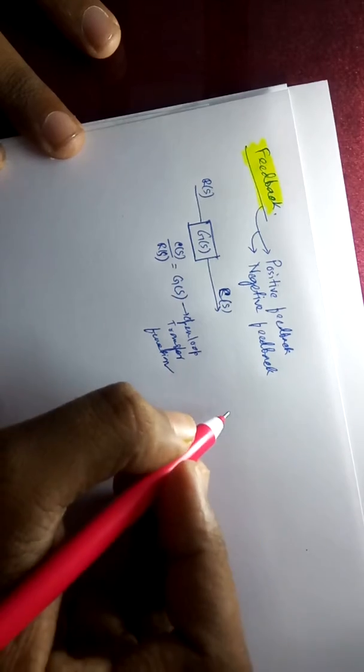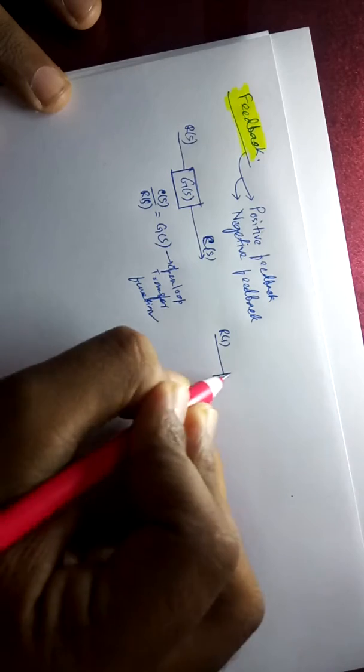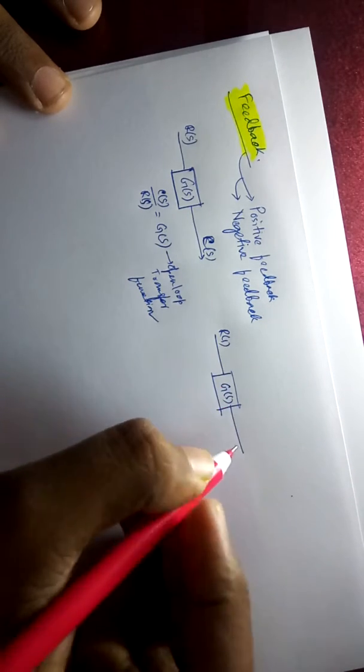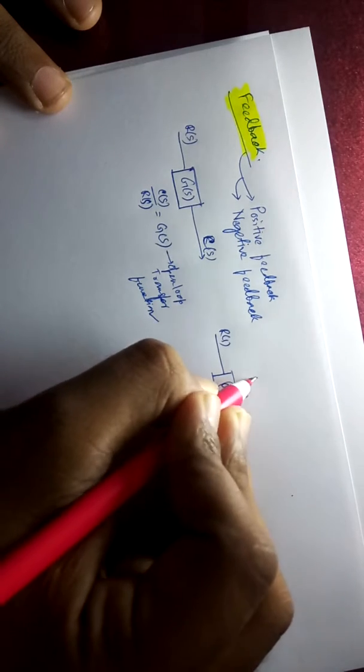Now, if we take a closed loop system where the input is R(s), the system transfer function is G(s), it is actually the Laplace transform.